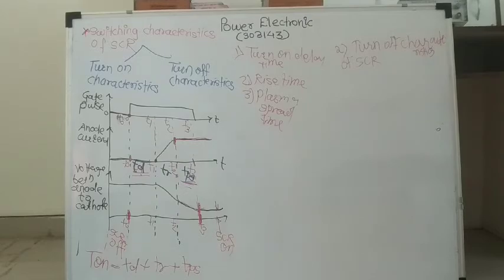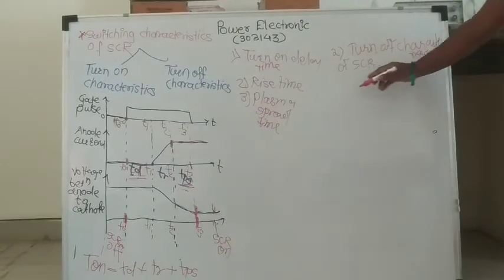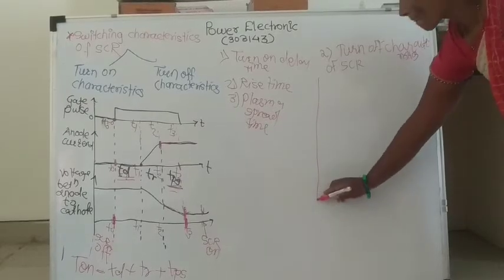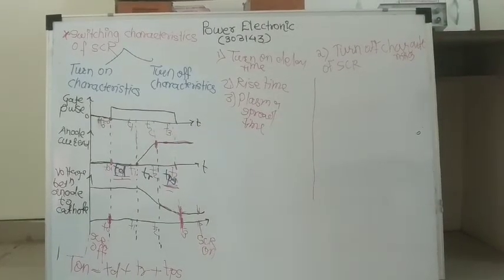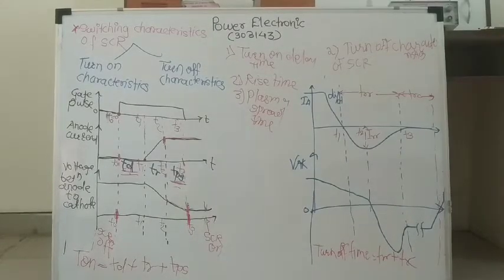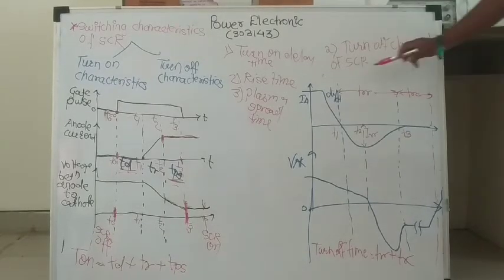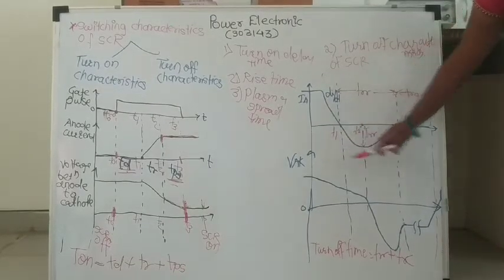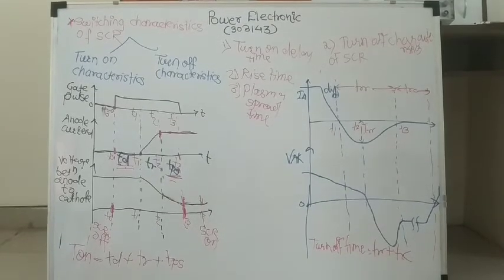Now, see the diagram for that. These are the turn-off characteristics of SCR, and this is drawn for anode current and voltage between anode and cathode. Now, see, what is the condition of turn on?